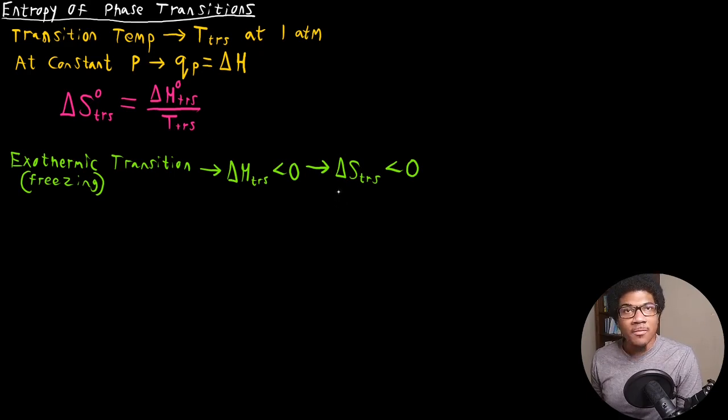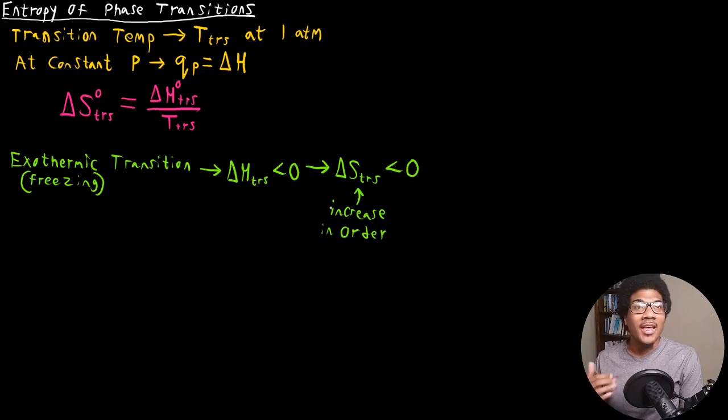So what does this mean for our disorder? This means that we're increasing the order of the structure. You end up with a more ordered structure, so you end up with a decrease in entropy. This makes sense, or you can think about it from our statistical definition: you end up with fewer possible microstates for your molecular composition.